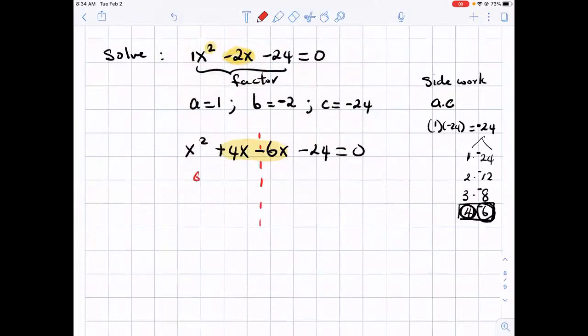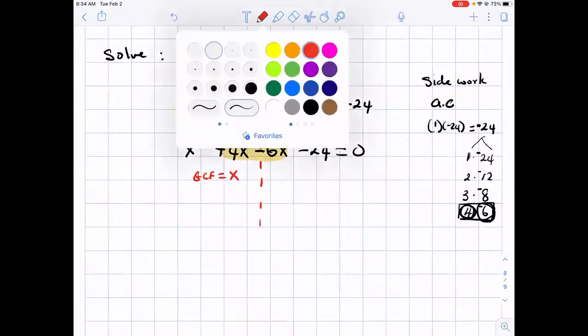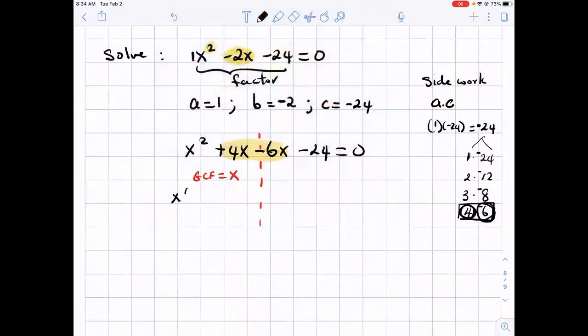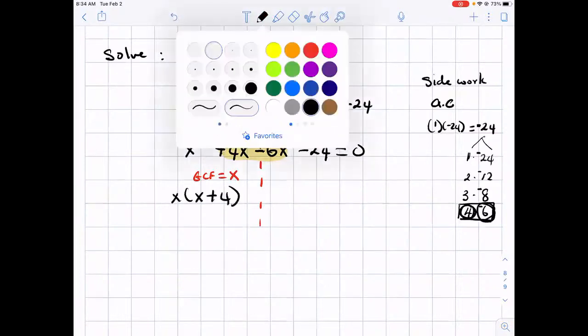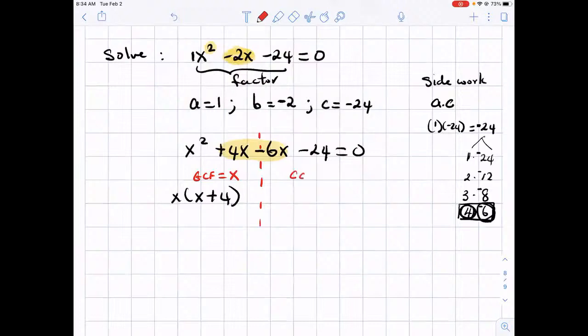So the GCF here is x. If you take out x, we have x plus 4. The GCF on the right side, always take the sign, minus, and that becomes 6.